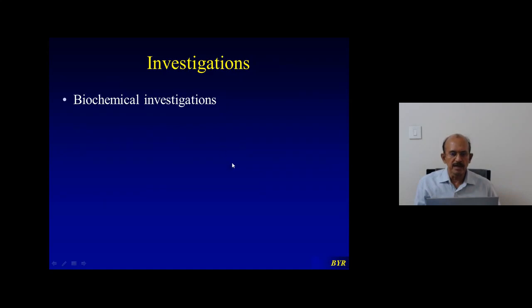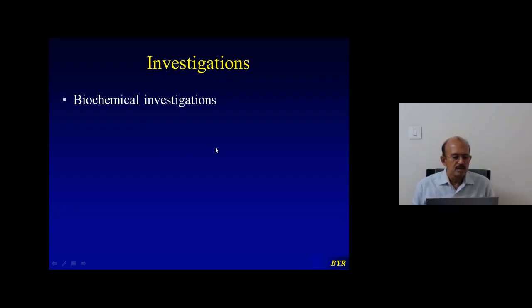Investigations, biochemical investigations for confirming obstructive jaundice. Tell me what biochemical investigations you do. When the child comes to you with deep jaundice, pruritus, clay stools, and on examination there is hepatomegaly, and the gallbladder is palpable or not palpable, in that child, what investigations do you do?